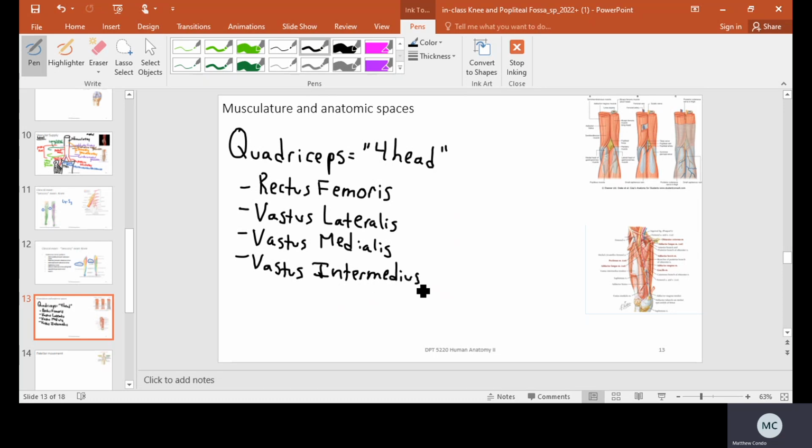Now, what we're going to see with these 4 quadriceps muscles is they have 4 wildly different originations, right? Same concept that we saw with biceps brachii, same concept we saw with biceps femoris, different origins, same insertion.